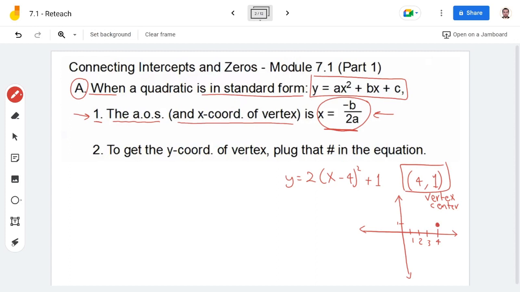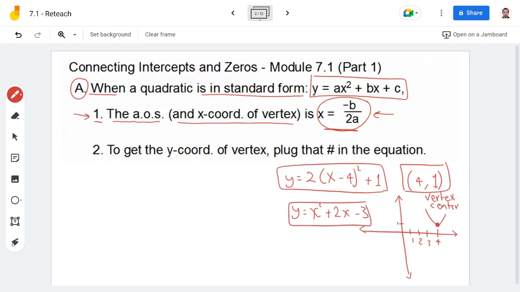Now, how can I identify this point? Because this is in vertex form. And if the question is written in standard form, for example x squared plus 2x minus 3, how can I identify the vertex, the center, from the standard form without finding h and k?